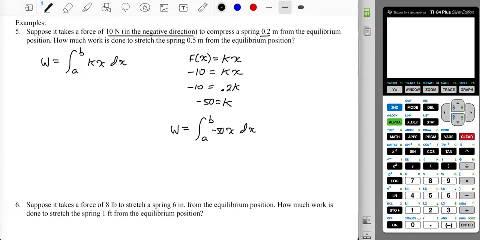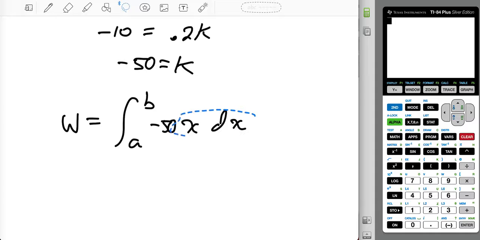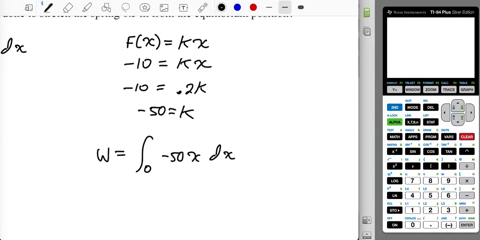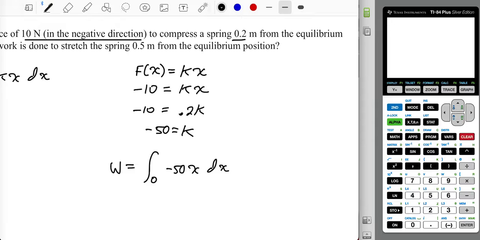We're asked to find how much work is done to stretch the spring 0.5 meters from the equilibrium position. Equilibrium position would be 0 meters, so we're looking at from 0 to 0.5.